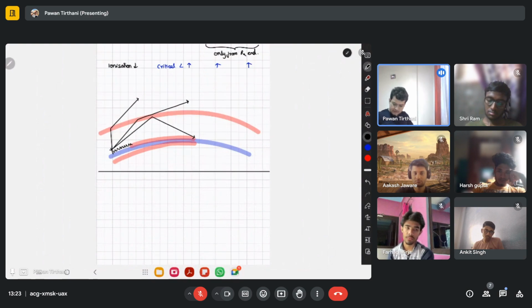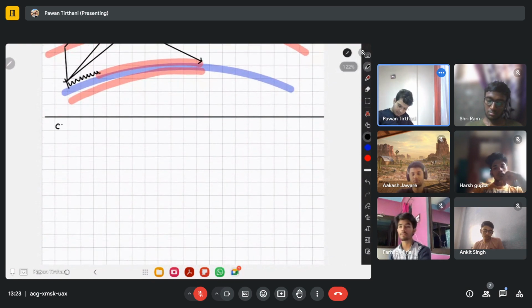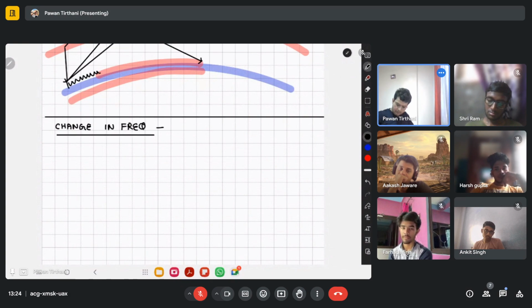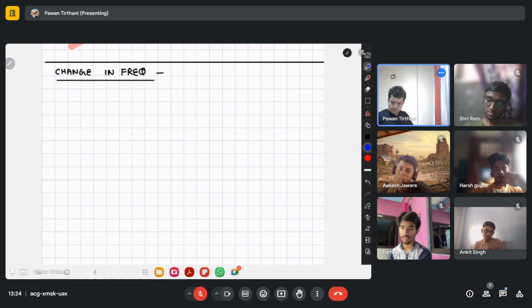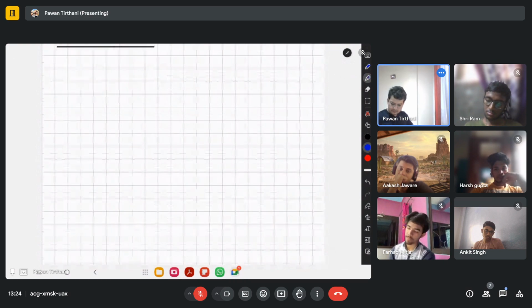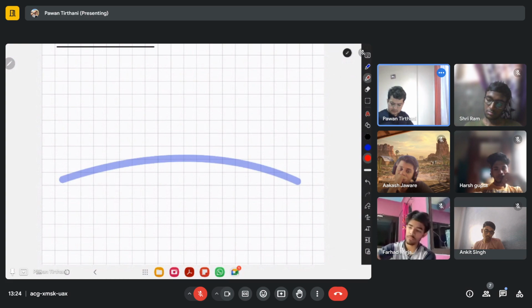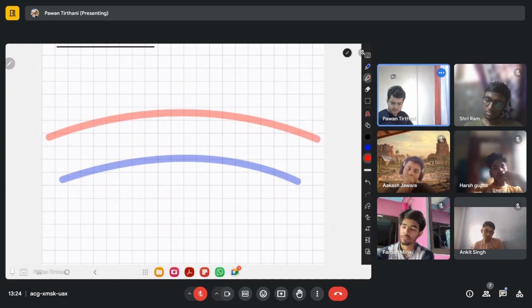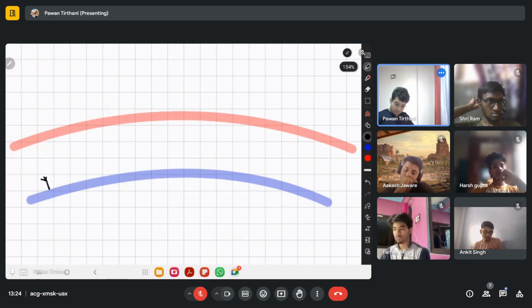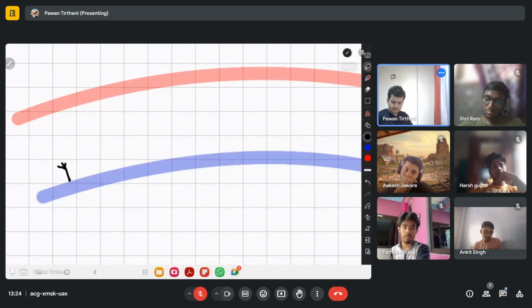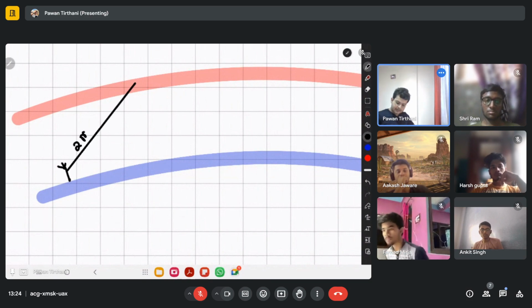Now let us do the change in frequency. Dharti Mata, ionosphere mother. Let's say I have a wave at 2 megahertz.